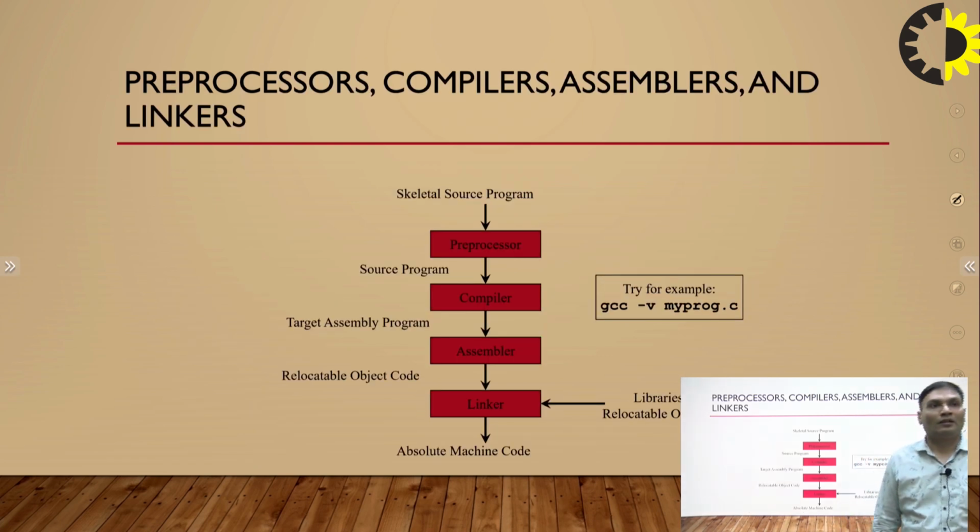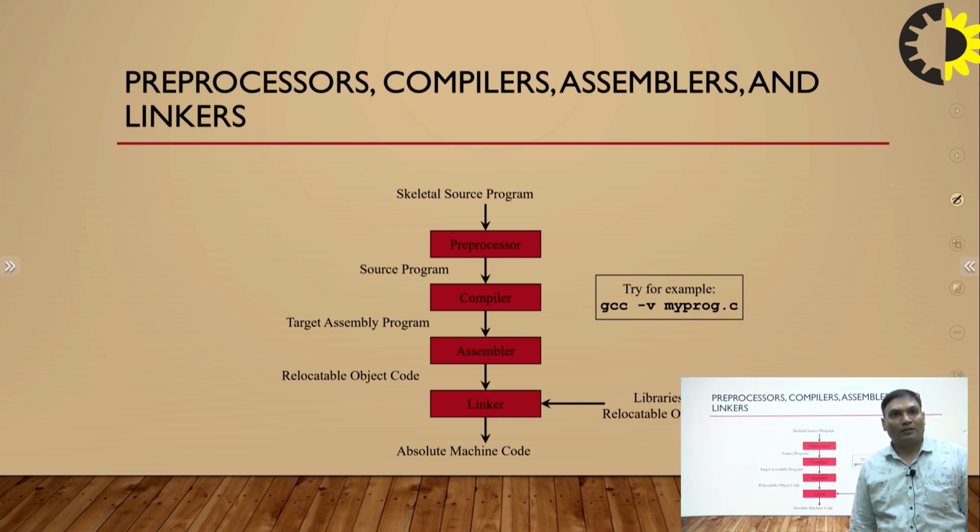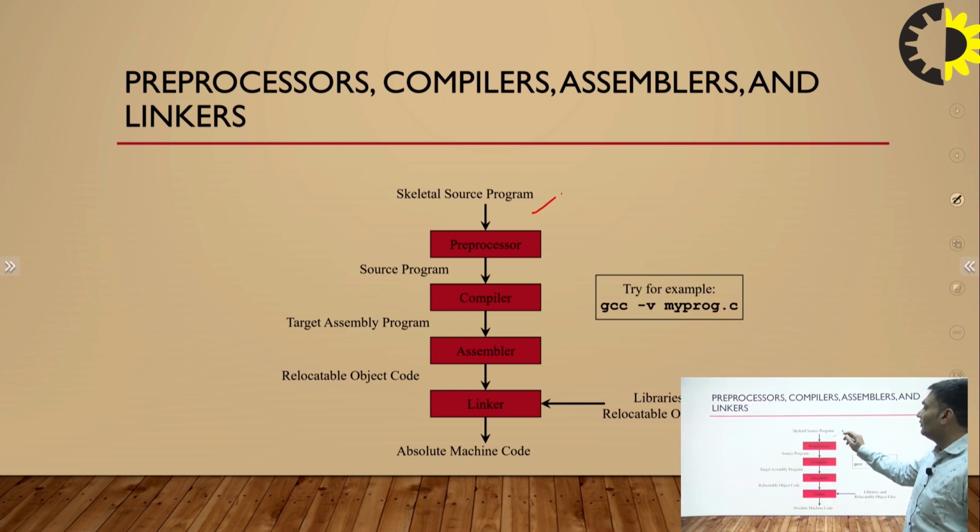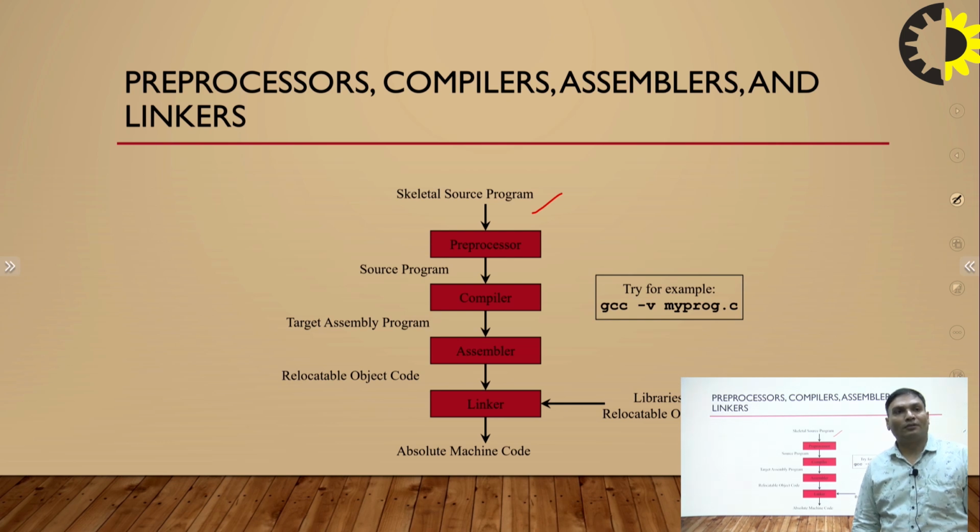Now, there are a few things that we should know before knowing how the compiler works, like what is a preprocessor, linker, compiler, assembler, and the role of all these terminologies. So the source program is given to the preprocessor. The preprocessor just does some preprocessing, or it embeds some files if there are some files required.